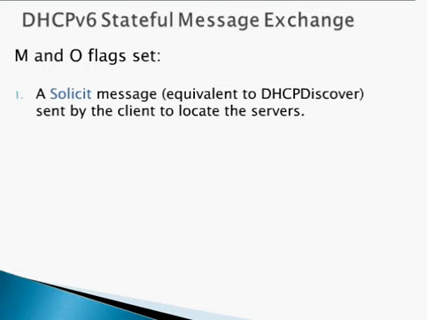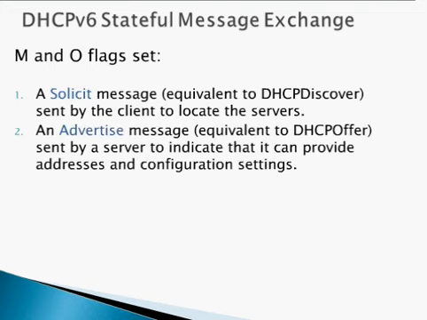Typically, it's going to be picked up by a relay agent on that subnet, and that solicit message will be bundled up and unicast to a DHCPv6 server. The solicit message is equivalent to the DHCP discover from DHCP for IPv4. The response to that is an advertise message, equivalent to the offer, and the server relays it back to the relay, and the relay sends it as typically a unicast message to the link-local address of the host that's trying to use DHCPv6.